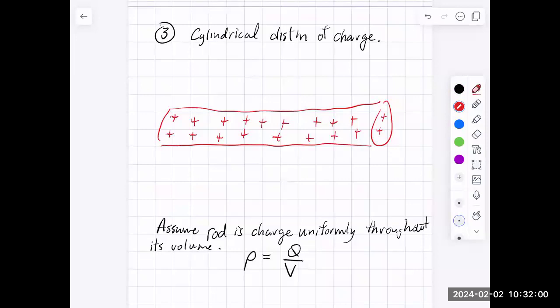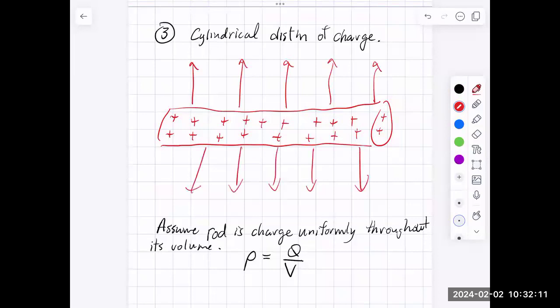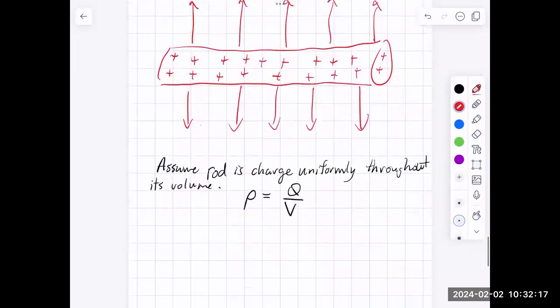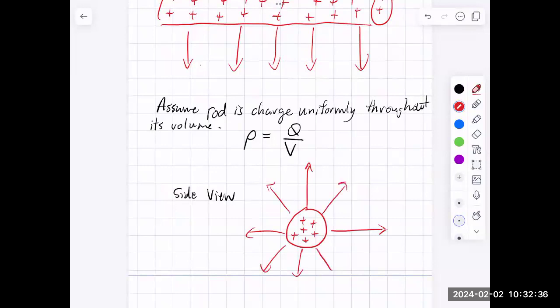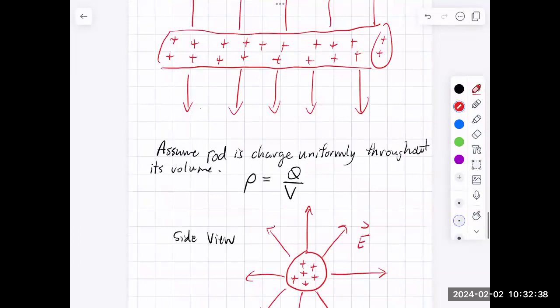And because I drew them positive, the electric field will be pointing radially out. Let's do a side view so that we can see this. In a side view, we would see the circular cross section of our cylinder, and our electric field would be pointing in this radial way. So this is E, and this is E.